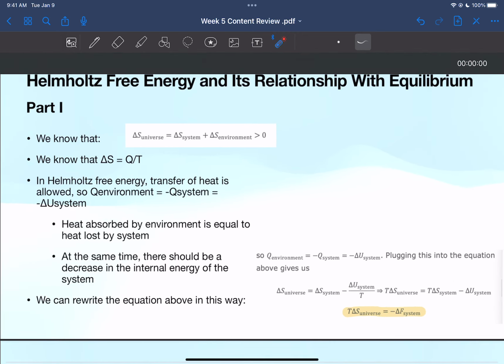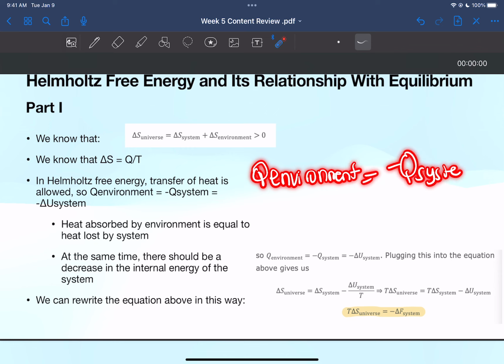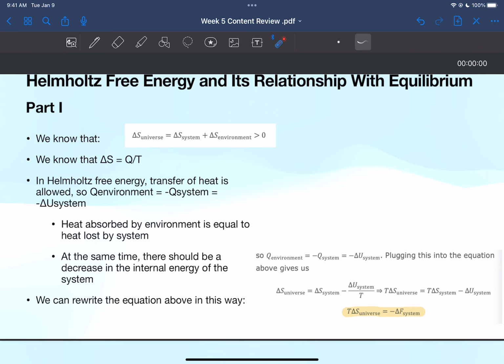Well, in scenarios where we have Helmholtz free energy, we know that heat transfer is allowed. And if you think about heat transfer in general, the energy absorbed by the environment is the energy lost by the system, right? And if energy is lost by the system, we can say that the system lost internal energy.